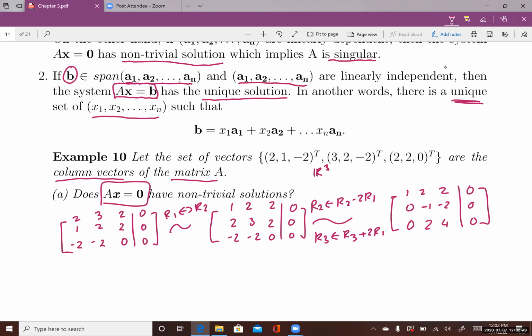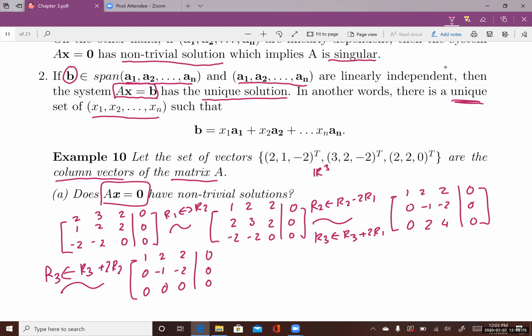The next step is to take care of row 3 and make this 0: row 3 plus 2 row 2. Then you have 1, 2, 2, 0, negative 1, negative 2, and 0, and the last row should be 0, 4 plus 2 times negative 2, which is 0.